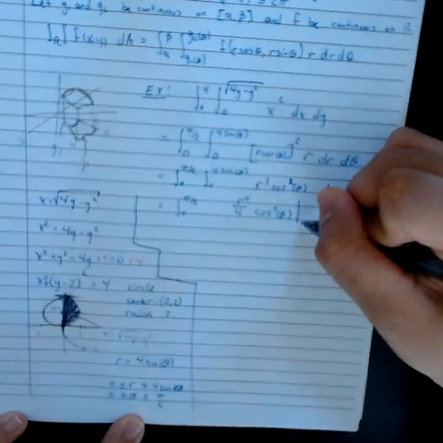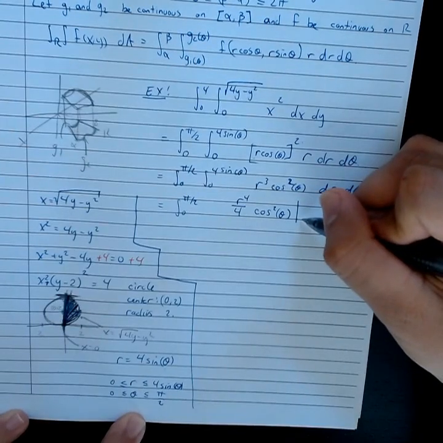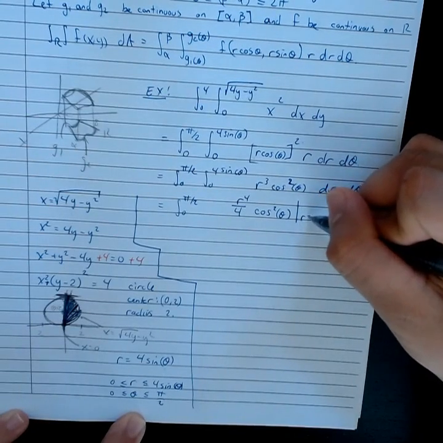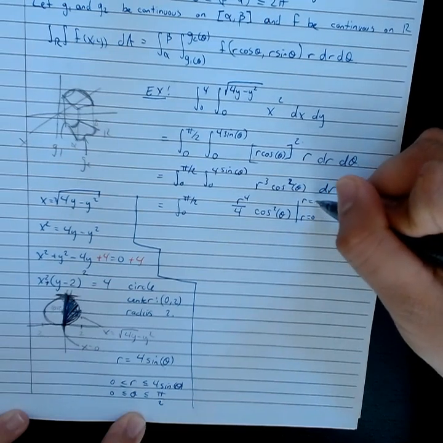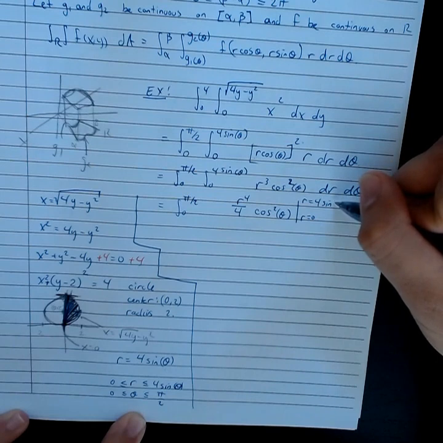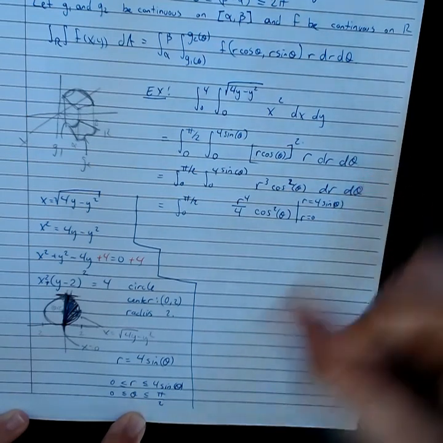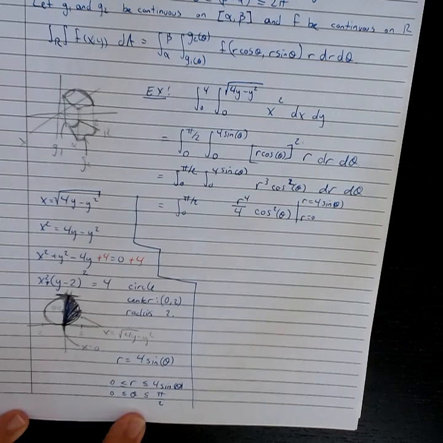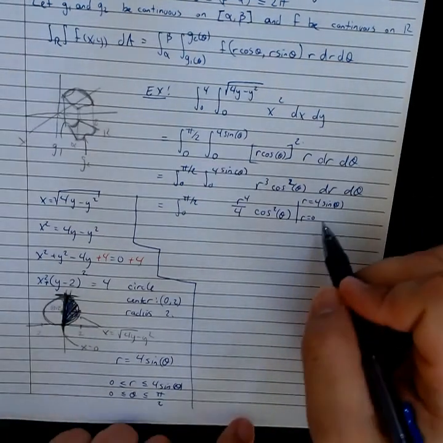And that's going to be from r equals 0, I should label that, up to r equals 4 sine of theta, like that. Those are our upper and our lower bounds. Okay, so now we can go ahead and substitute these in.